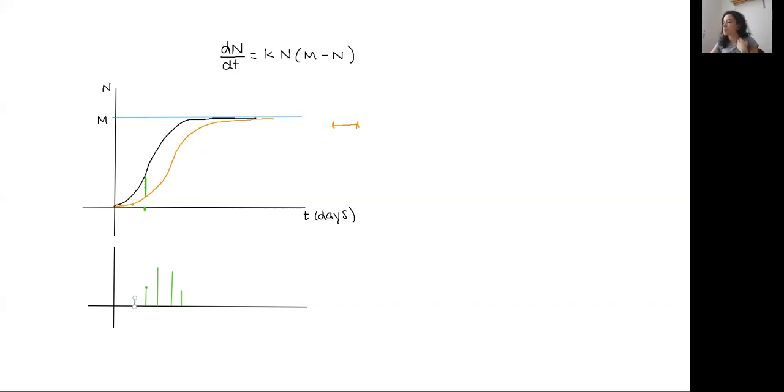Does everybody see what I'm drawing? Yeah. So this is the number of people that are going to be in the hospital at any given time. And this looks something like this.